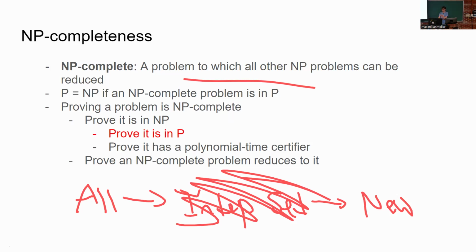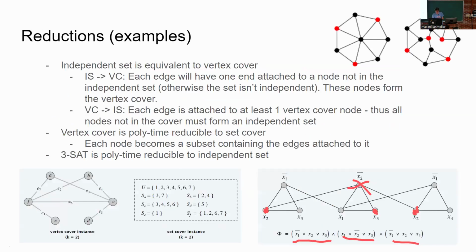I'll flip your question real quick. Say we're trying to prove a certain problem is NP complete, right? So in that case, we'd reduce independent set down to that new problem. We'd say, okay, this is an independent set. We have a graph and a set of nodes that are independent.